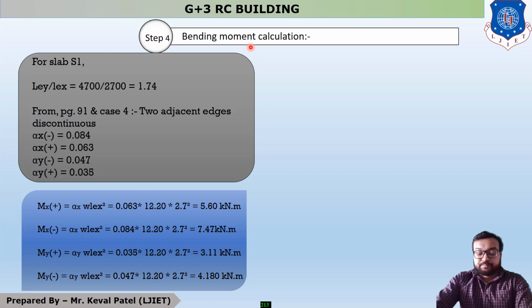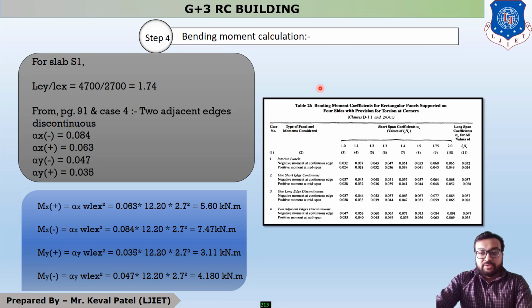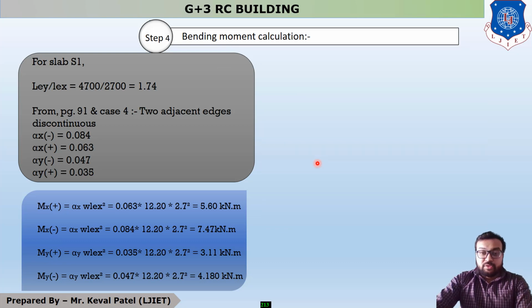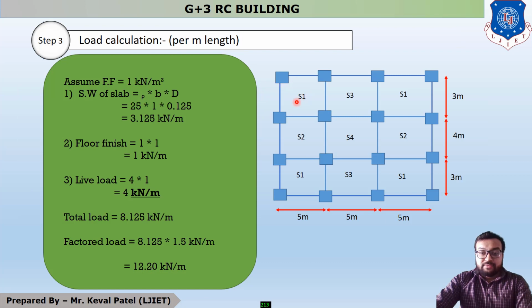Okay, so all the students move to page number 91 of IS 456 2000. So this is page number 91 of IS 456 2000. So students, as per this figure and this system, our slab S1 is this. Okay, and you all know that in a two-way slab, your main steel is in both directions.